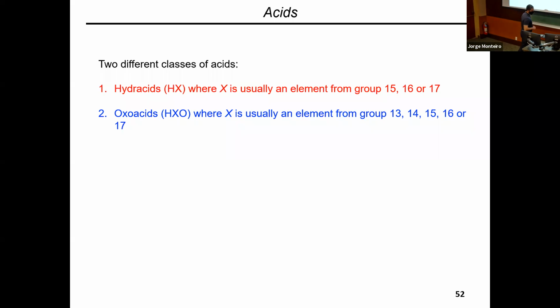And then the second class of acids are the oxoacids. Okay? So now we have hydrogen, an element from groups 13, 14, 15, 16, or 17, and oxygen. Okay? So that's the only difference between hydroacids and oxoacids, the presence of oxygen.